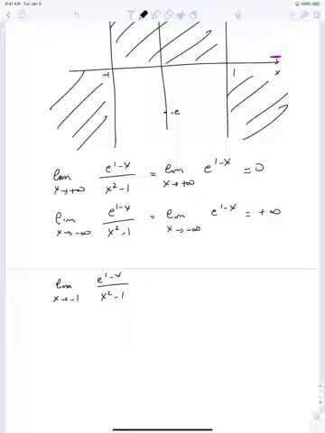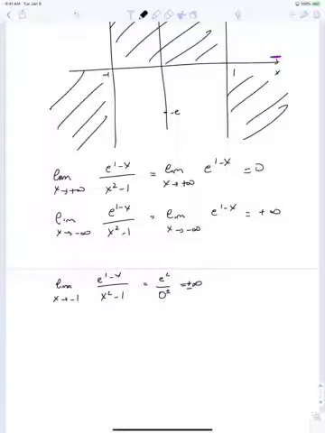Well, in minus 1, this is going to be e power 1 minus 1, which is e power 2, divided by 0, which means that it's going to go to infinity. So it's plus or minus infinity, because this is going to be 0 plus or minus.